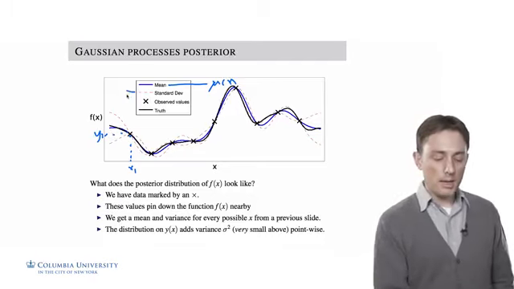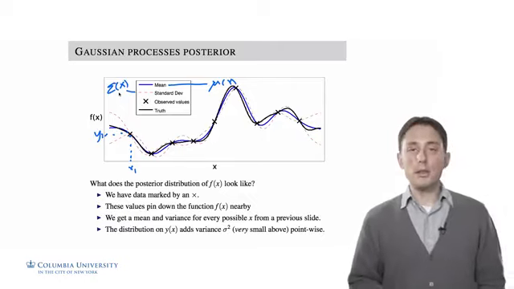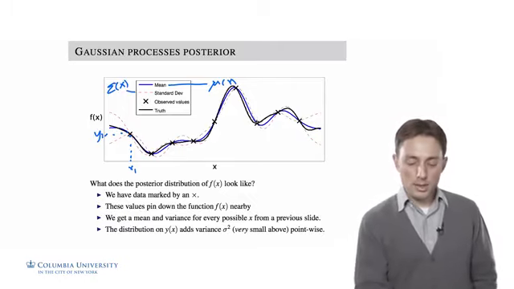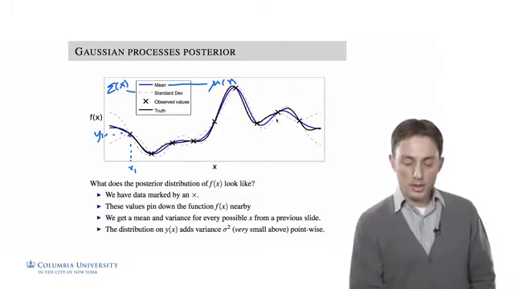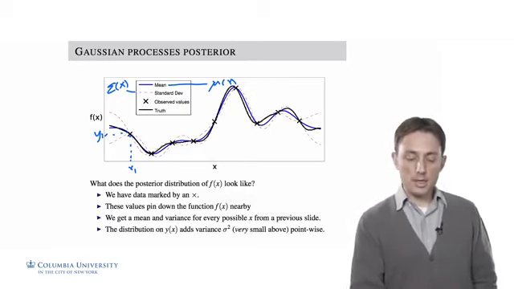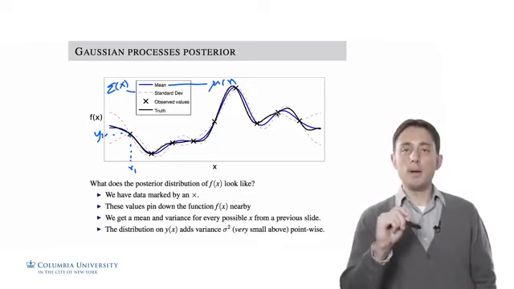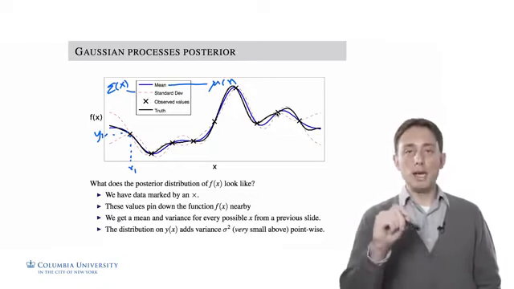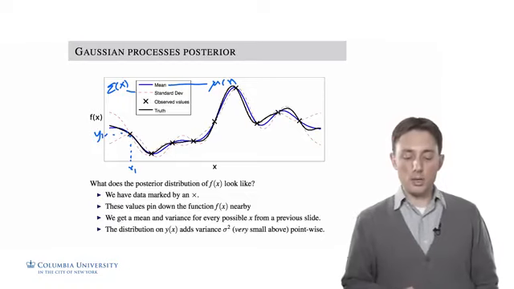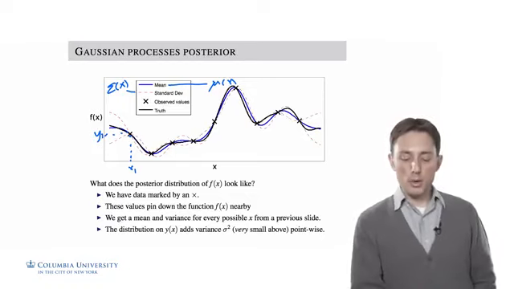Then this red dotted line corresponds to sigma of x. This is my uncertainty. What you can see is that as I predict closer to a point that I've observed, my uncertainty gets less. This point here pinches the function, my prediction, because I have data there, so I'm very confident about this point. But as I move away from a point, I get less and less confident about my prediction.